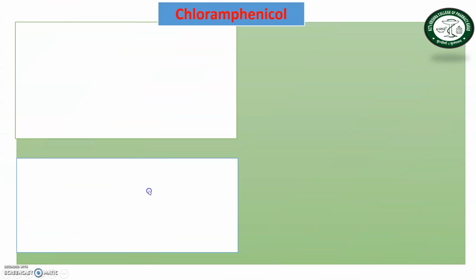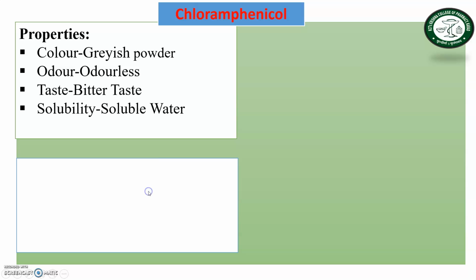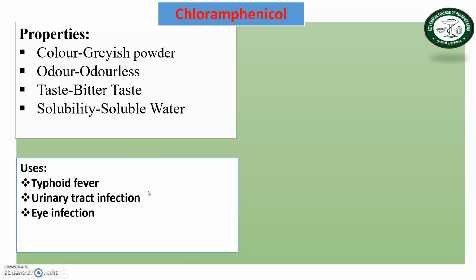Next, what are the different properties of chloramphenicol? Uses: generally all antibiotics are used in the treatment of infectious diseases like fever, typhoid, tetanus, meningitis, but here chloramphenicol is used in typhoid, urinary tract infection, eye infection, meningitis, skin infection.